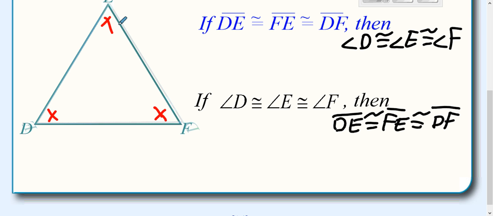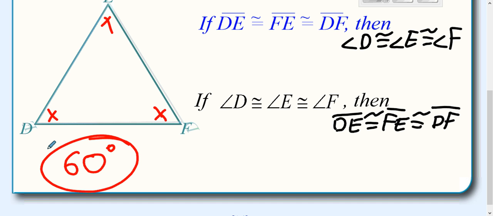So there's only one number that they could be: 60. All three angles of an equilateral triangle will always be 60 degrees. It's the only thing they can be. They have to add to be 180, and they have to be the same. 60 plus 60 plus 60 equals 180. That's it.